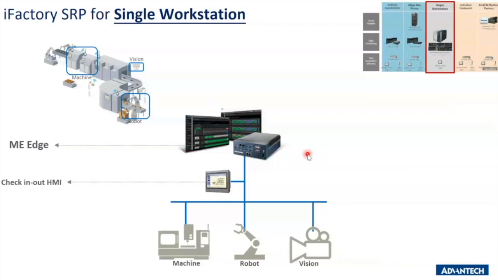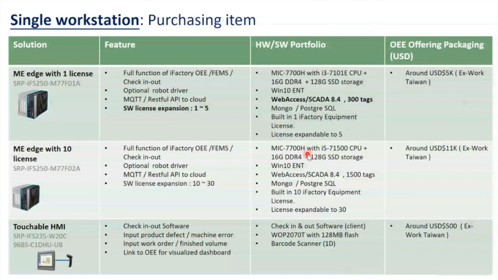For this kind of single workstation, they can easily utilize our MES, which consists of OEE utilization 1 to 5, and it will support the web access SCADA up to 300 tags.